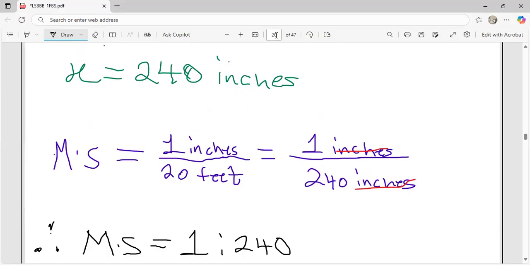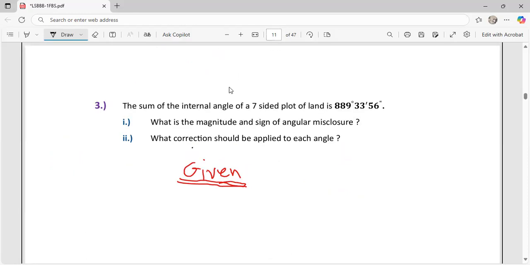Let's quickly move to our page 11 and see how best we can accomplish this task. So the question says, this is question 3: the sum of the internal angles of a seven-sided plot of land is 88 degrees, 33 minutes, 56 seconds.